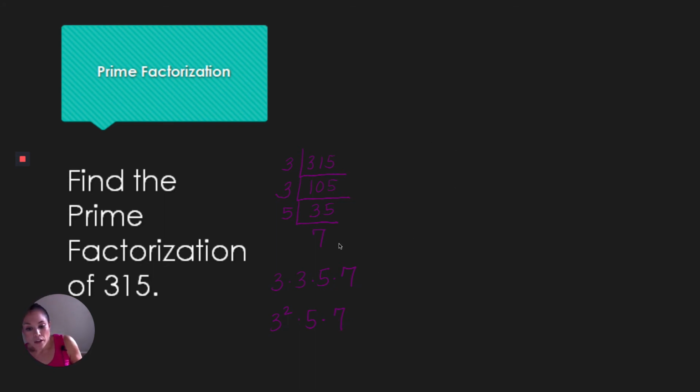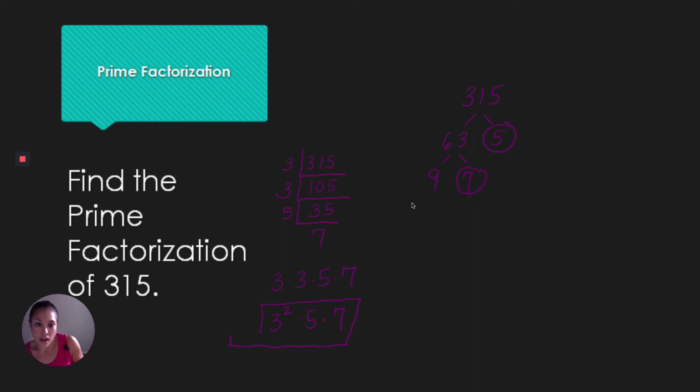Now, if I wanted to do a factor tree, I would start up here, 315, and break it down to 63 times 5. Okay, starting a little bit bigger with my 5, and then 63, let's think, 9 times 7. 7 is a prime number.